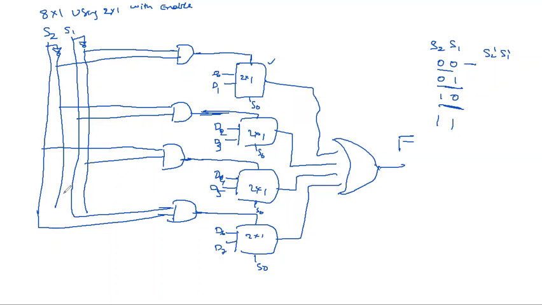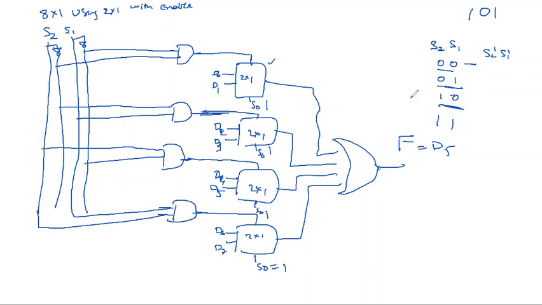Now let us check whether we get D5 for 101 or not. S0 is 1, means 1, 1, 1, 1.